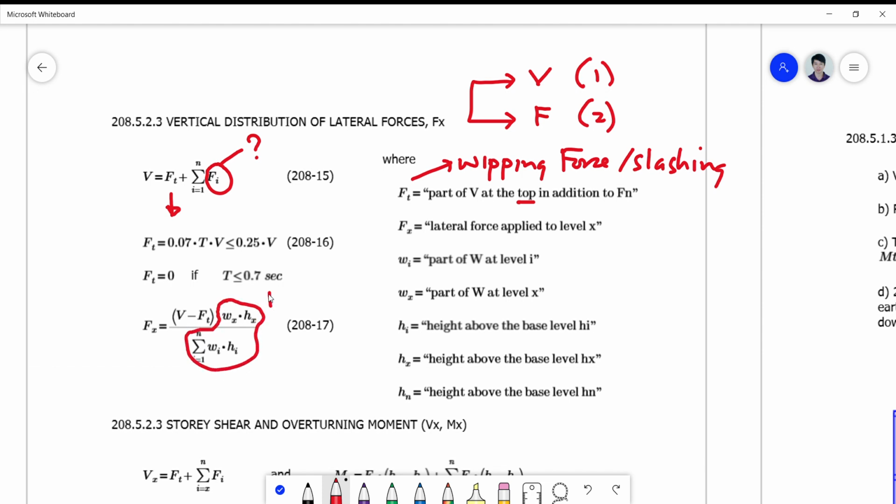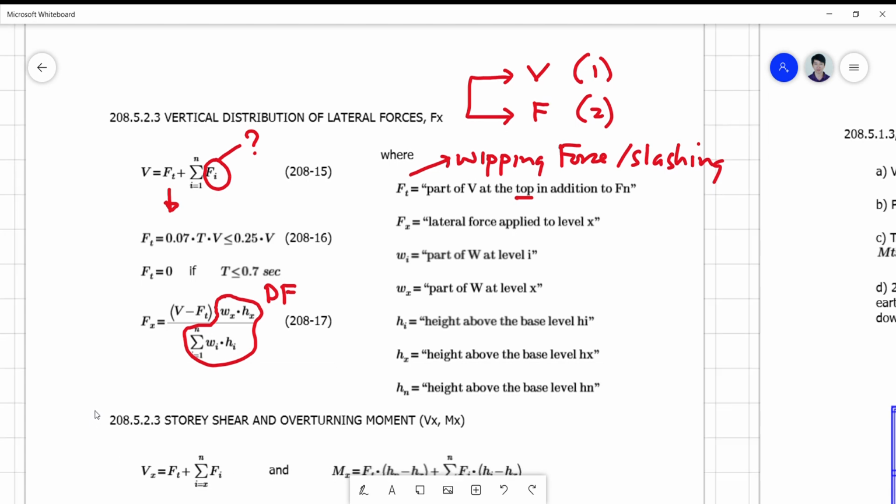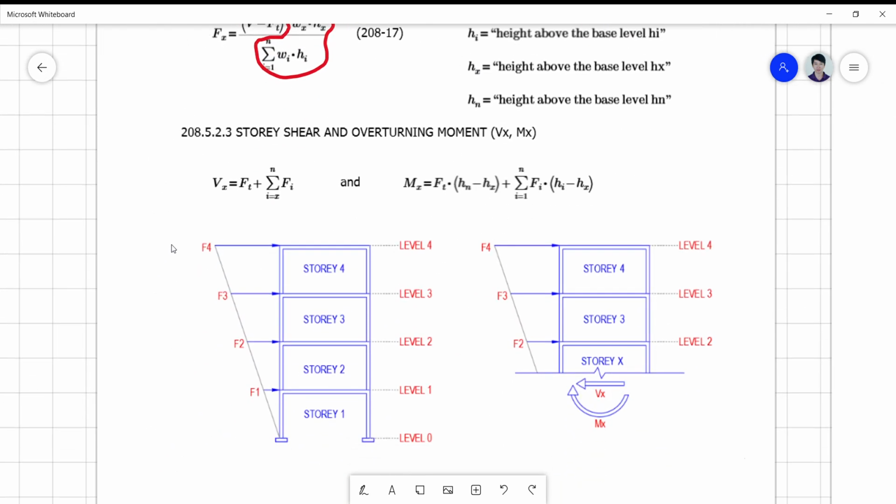You call this the distribution factor based on the static lateral force procedure. Okay, so this is WxHx over summation of WiHi. So these are now the definitions of the nomenclature. You just look into the definitions, and we can understand this better when we solve some examples on this.